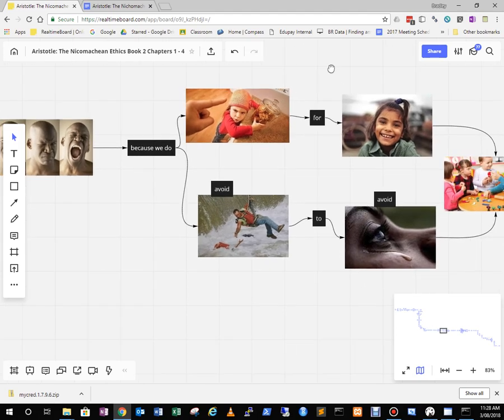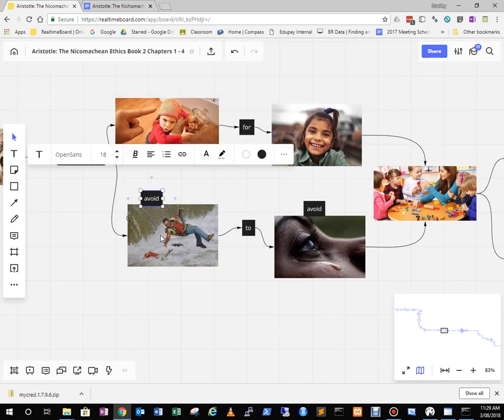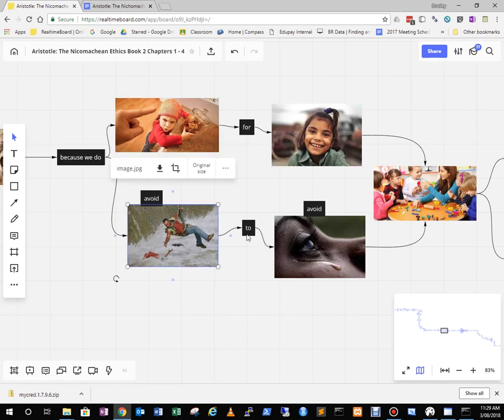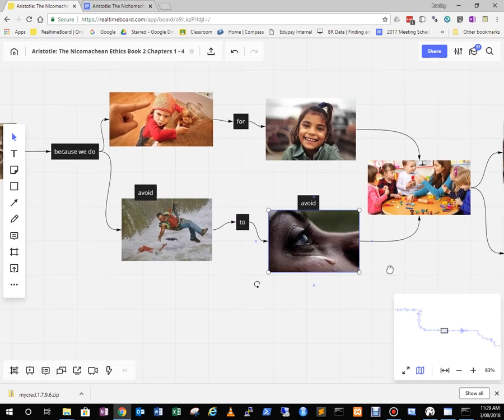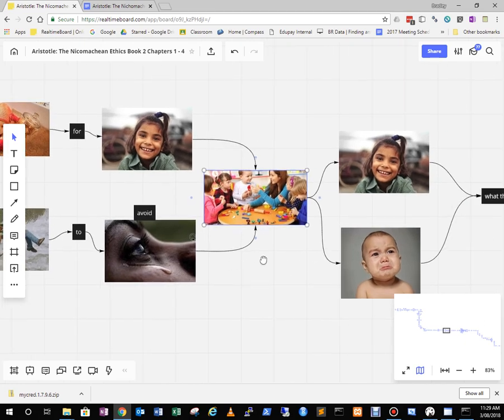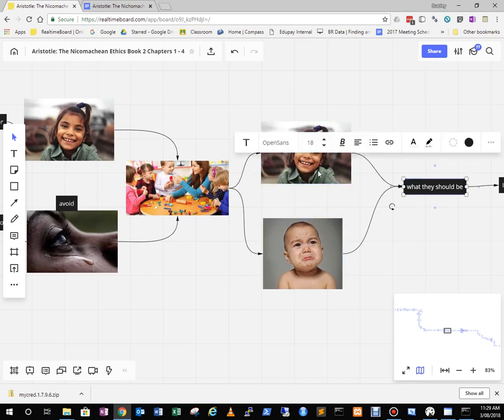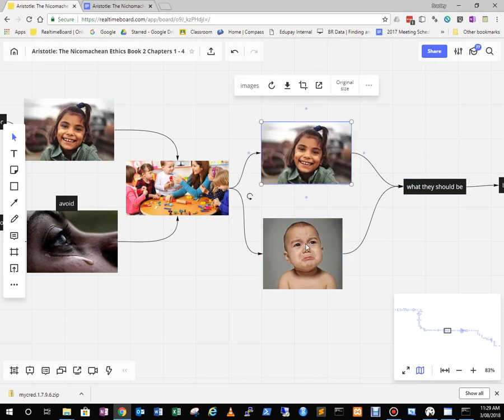So we may do the wrong thing because it causes us pleasure, and we may want to avoid doing the right thing because it'll cause us pain. And the point he goes on to argue is that we should create a society where children are educated to respond properly to pleasure and pain, to make sure that we do what we should do in the face of situations that cause us pleasure and pain.